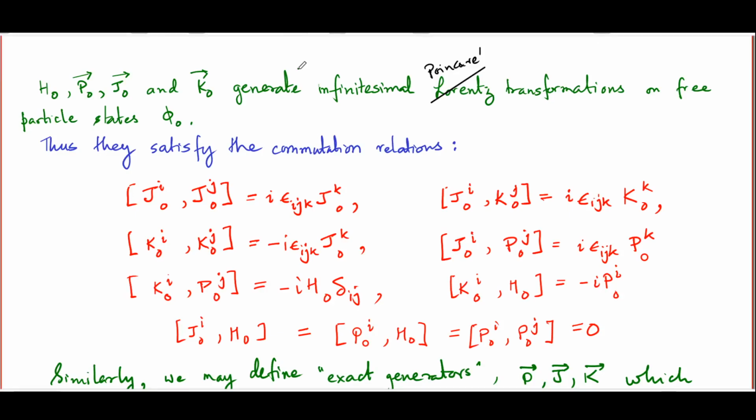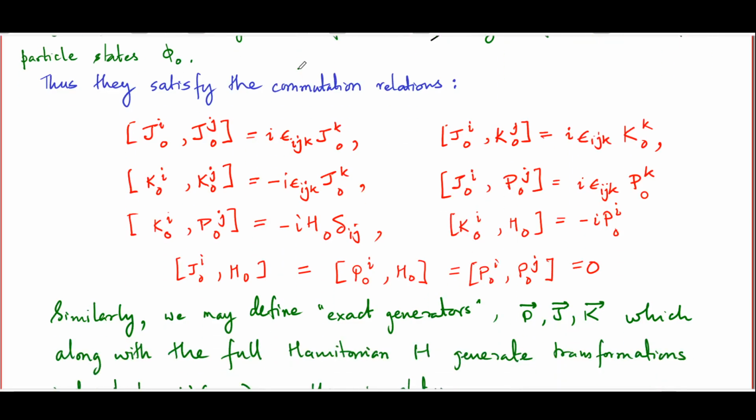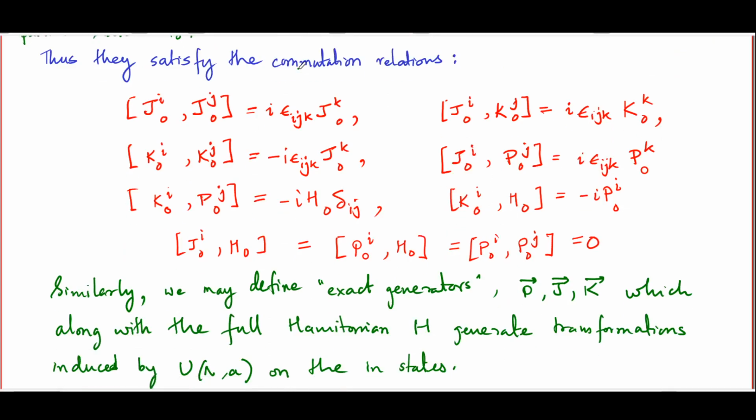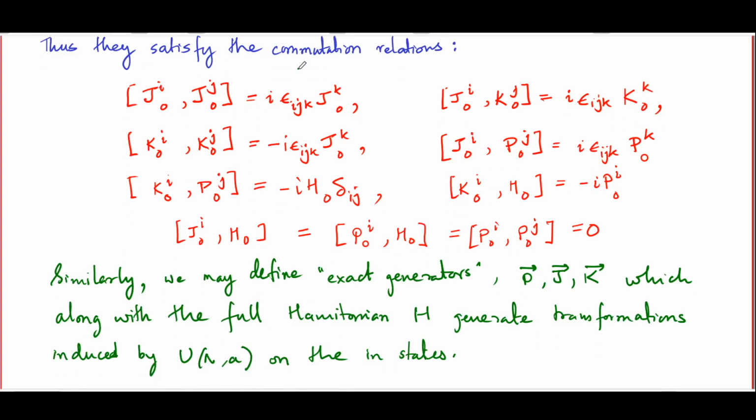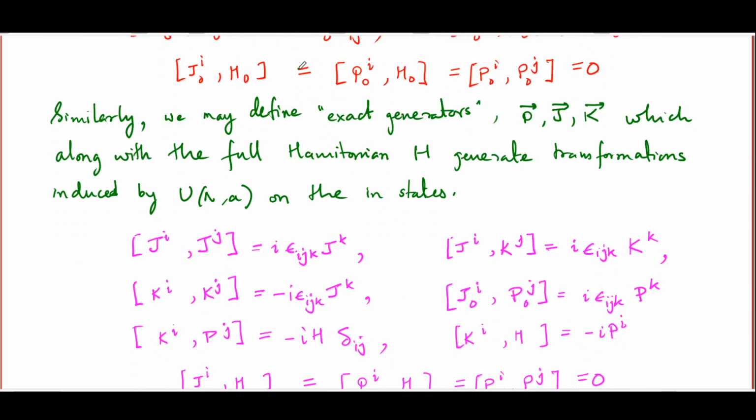Of course, just like these 10 operators which generate Poincare transformations on free particle states, we also have so-called exact generators. Momentum P, angular momentum J, boost generators K, which along with the full Hamiltonian H generate transformations induced by U lambda on the in states.